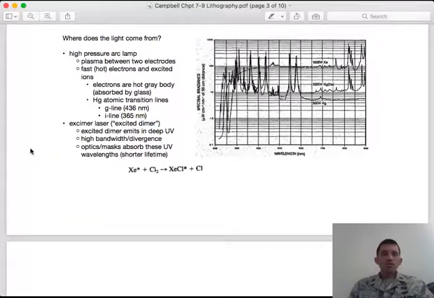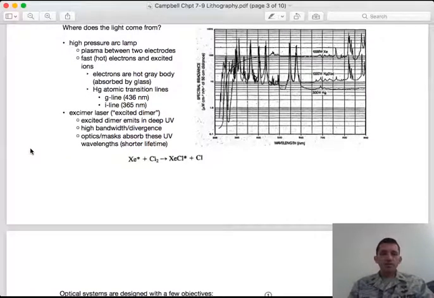You can also generate photons, UV photons, that are smaller wavelength, right? Higher energy, smaller wavelength, more useful for smaller features with an excimer laser. So in an excimer, so excimer is short for excited dimer, right? So dimer means I have two atoms and they're in an excited state.